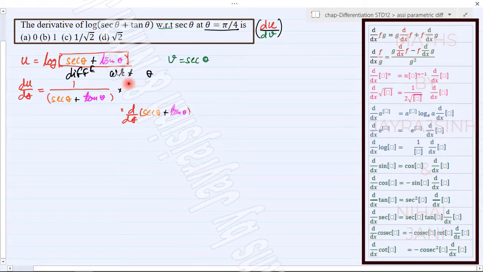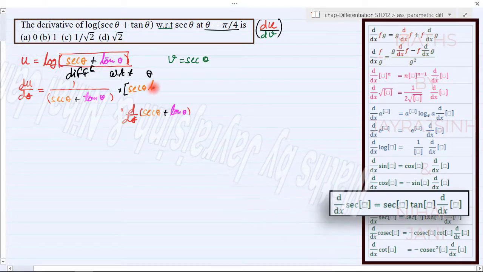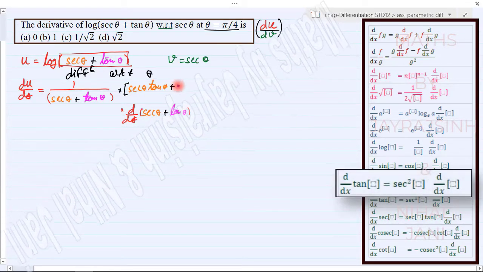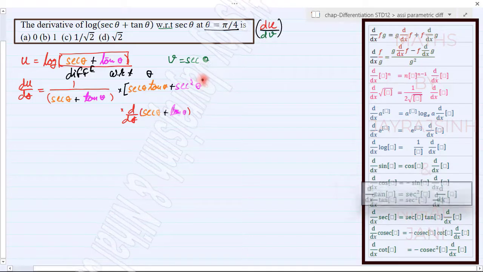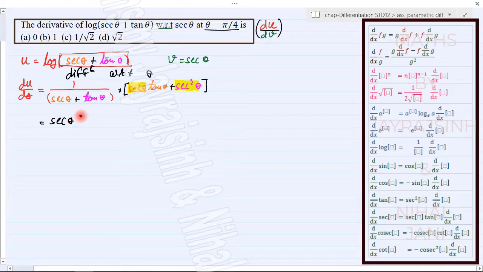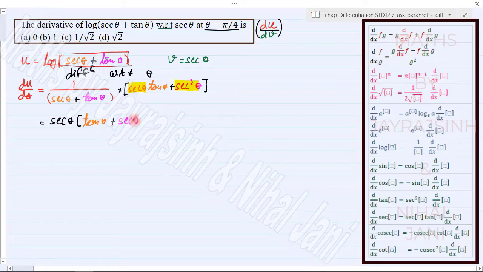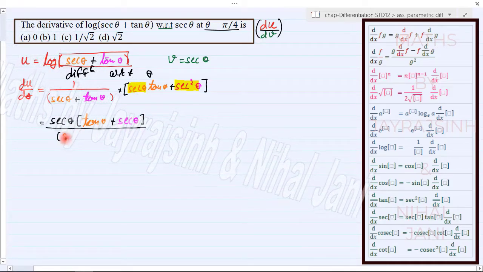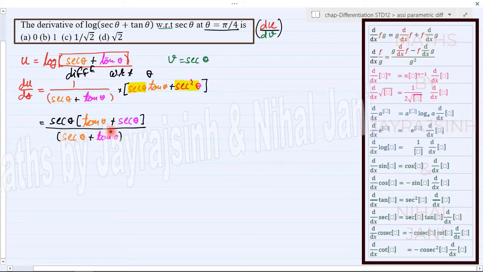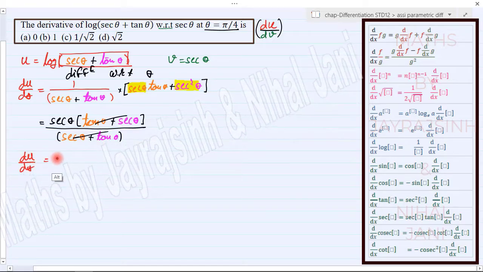So we have to multiply by the differentiation of sec theta, which is sec theta tan theta, plus the differentiation of tan theta, which is sec square theta. So from the numerator, if we take 1 power of sec theta common, we will get tan theta plus sec theta upon sec theta plus tan theta, which will remain as it is, and they will be cancelled out, and we will get du by d theta is equal to sec theta.